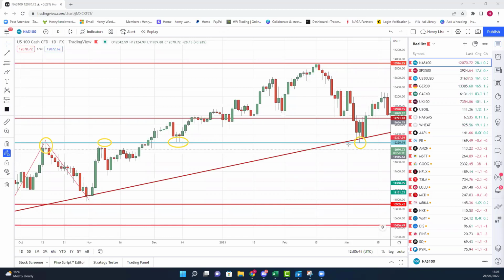Do we think that that is a decent level? Do we think that's a place where we should potentially be placing a trade? Looking at the levels, looking at what we have there, I'm going to clear all those drawings.